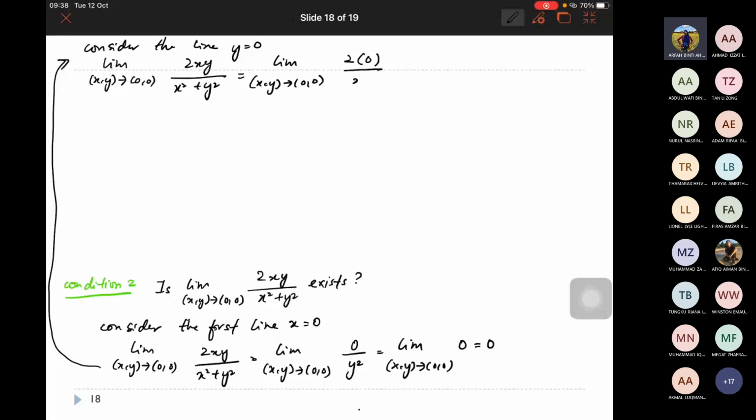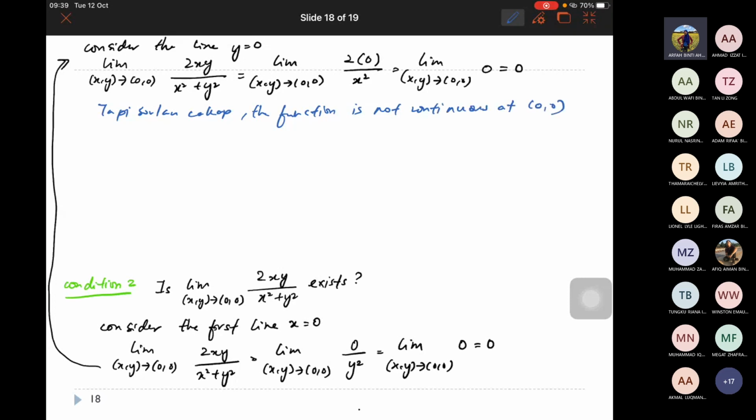Okay. So, tapi soalan cakap limit ni tak exist, kan? But the question state, tapi soalan cakap, okay, the function is not continuous at 0, 0.